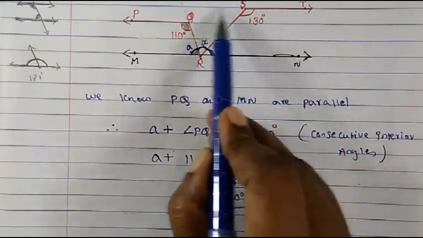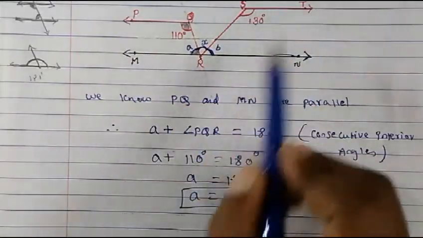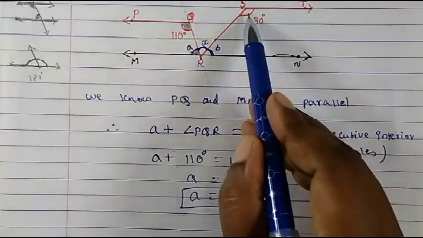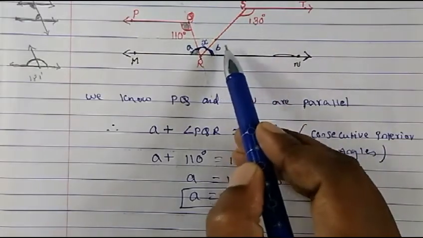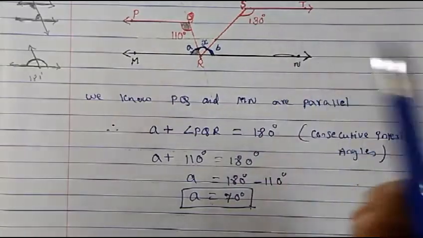In the same way, let us find B also, because this is a parallel line, and ST is also parallel. So ST is parallel to MN, or you can say MN is parallel to ST, because we have drawn this. Therefore, these two angles will become consecutive interior angles because SR becomes the transversal.